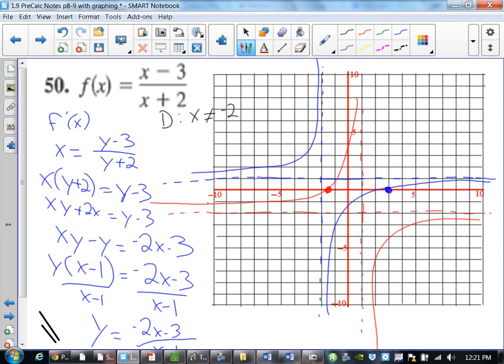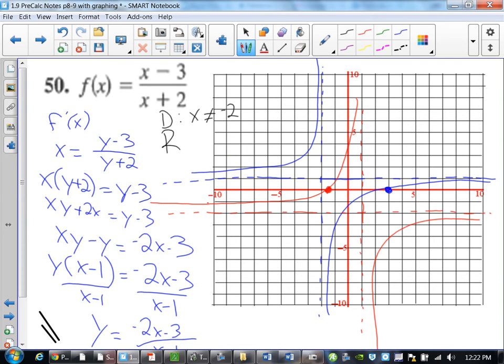The blue one had a vertical asymptote at negative 2.